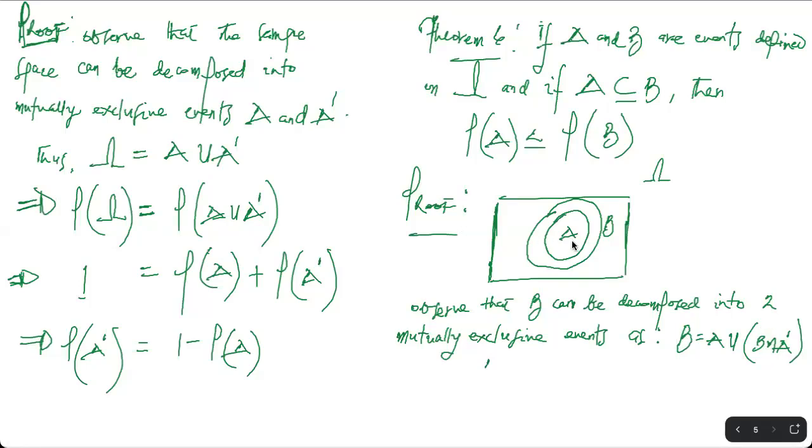A prime would be members of the sample space that are not contained within A. So A prime would be every other element that lies outside of the A. And every element that lies outside of the A intersection B would give you this region.